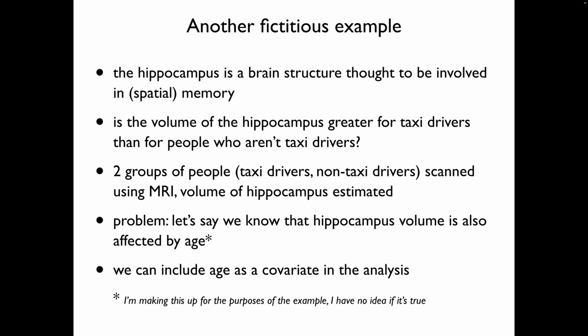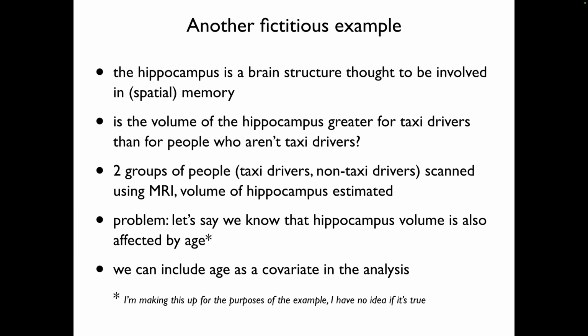So if we know that the hippocampus volume is affected by age, and if we know that not everyone in our taxi driver and non-taxi driver groups is exactly the same age, they might be close, but they're not going to be exactly the same age, then we can include the age of each participant, which is a continuous variable, as a covariate in the analysis.